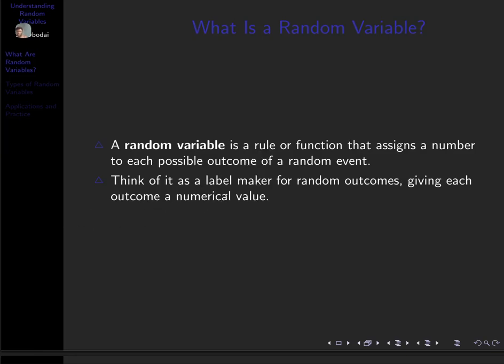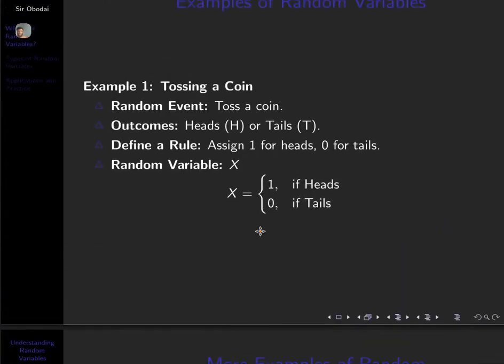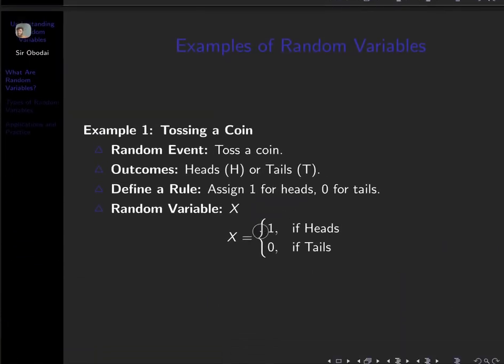Okay, so then we'll look at some examples of these random variables. Let's start with the first one, tossing a coin. When we toss a coin, we know our outcomes: is that a head or a tail? But using random variables, we don't want to refer to them as heads and tails.